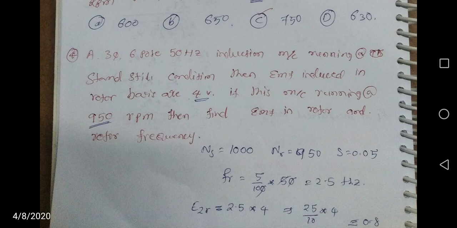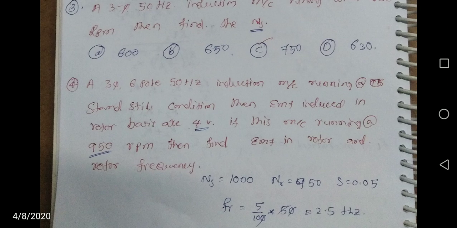But E2r is equal to S E2. The S value you know, that is 0.05 into 4 volts, that equals 0.2. So the E2r value is 0.2 volts.